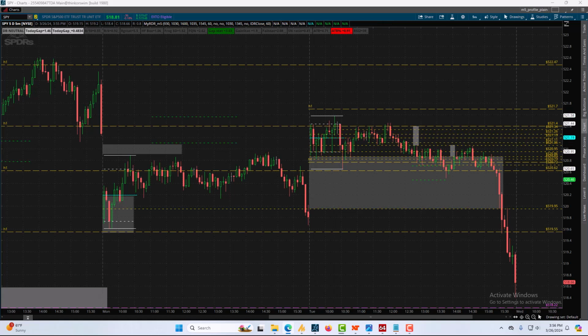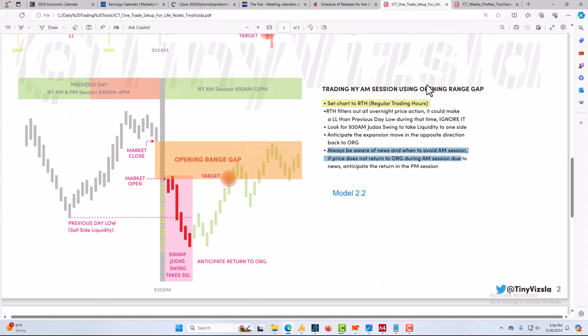And look at the model right here. It gives us a very accurate description.